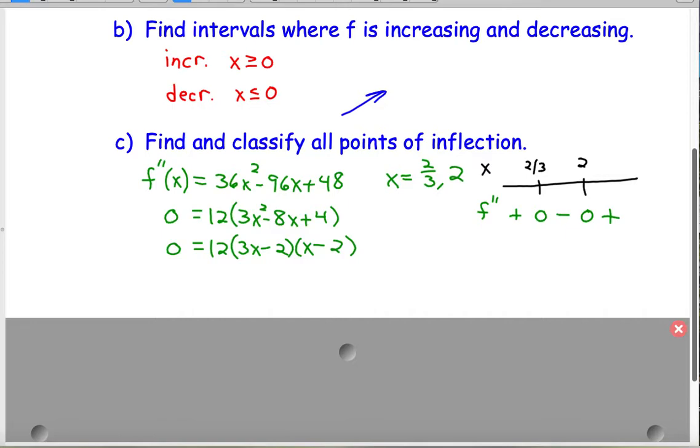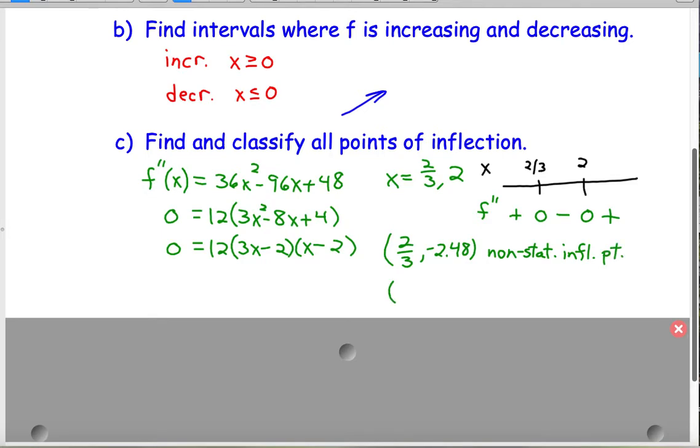And if we plug them into the function to get the y values, at 2/3 the function value is about -2.5, and that's a non-stationary inflection point.